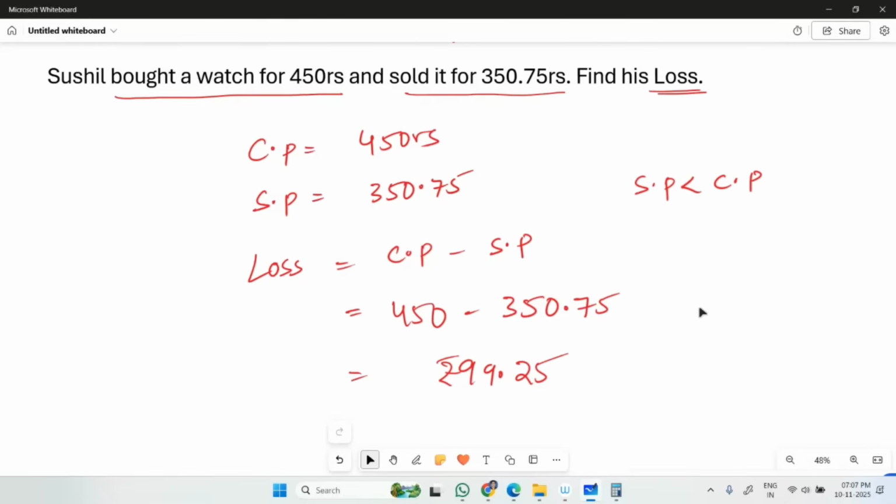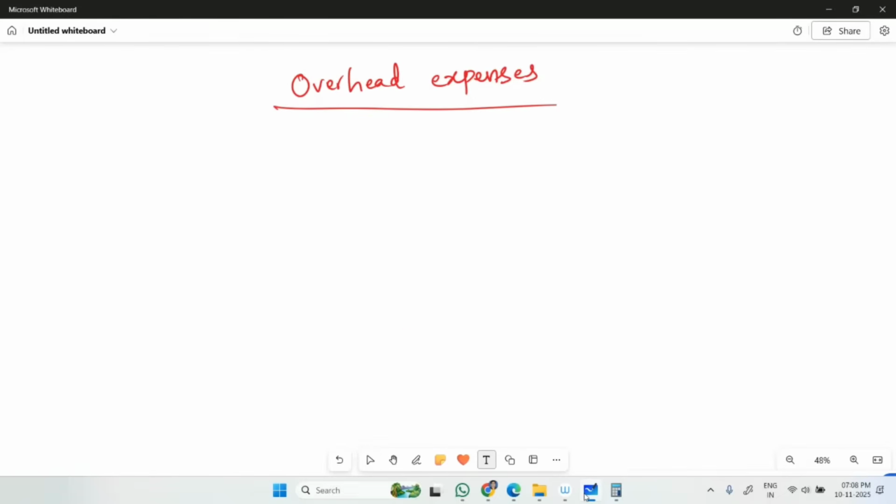Not all the time will we get profit and loss directly in our questions. Sometimes in the question they'll mention overhead expenses. So let's learn about overhead expenses. Apart from the cost price, sometimes the shopkeeper has to pay additional charges for transporting, for labor and maintenance of the goods.